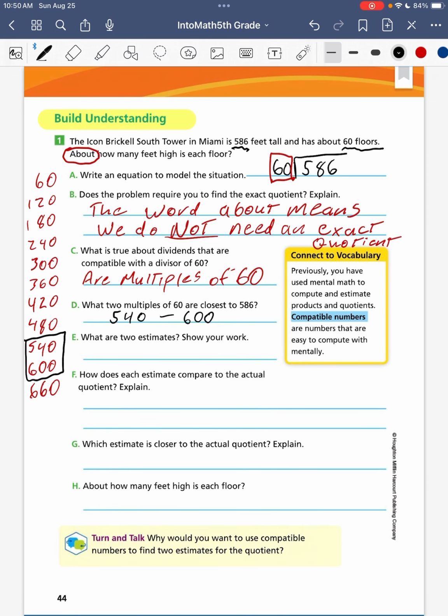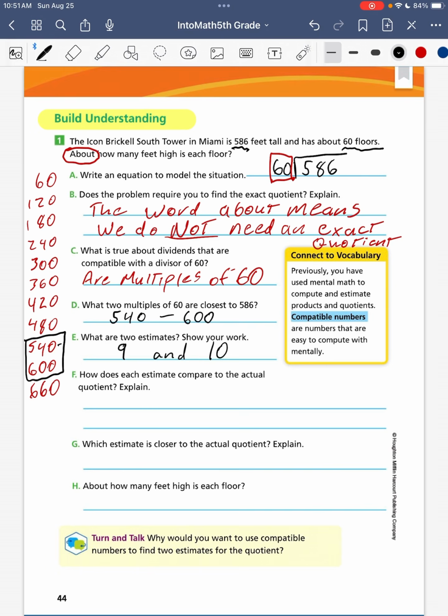So what are two of our estimates? Well, I know that if 540 is close, 540 is the ninth multiple. So 9 and 600 is the 10th multiple. Somewhere between 9 and 10 feet for each floor.